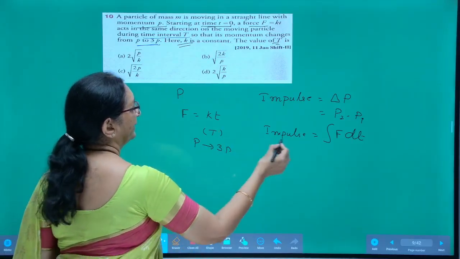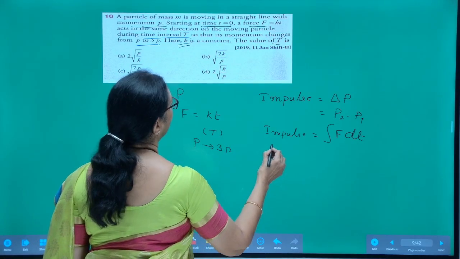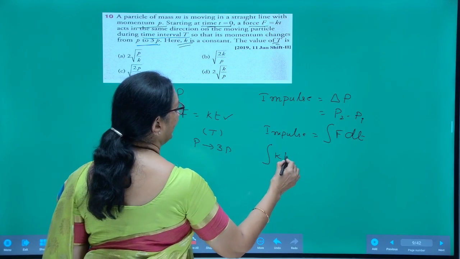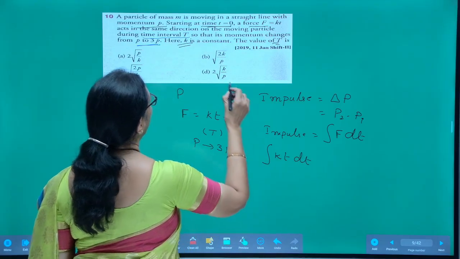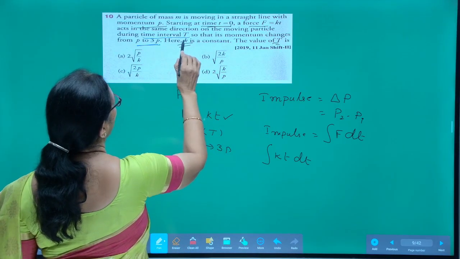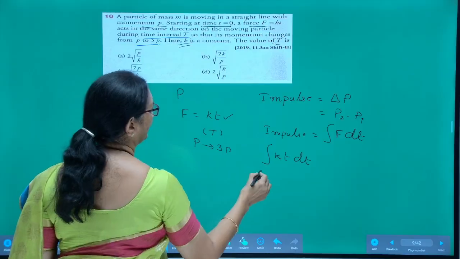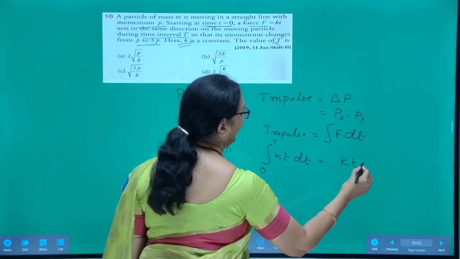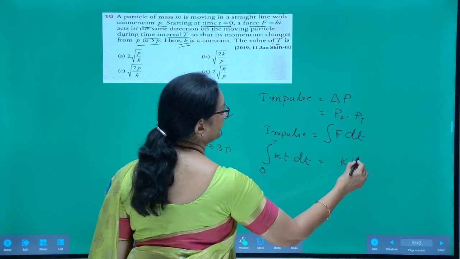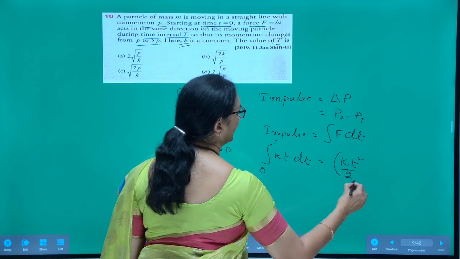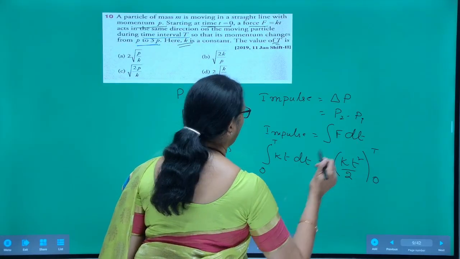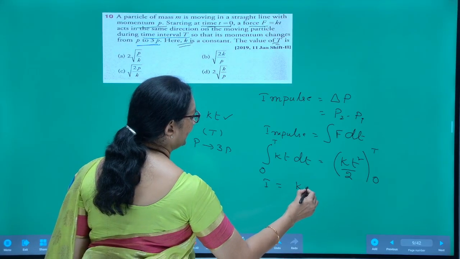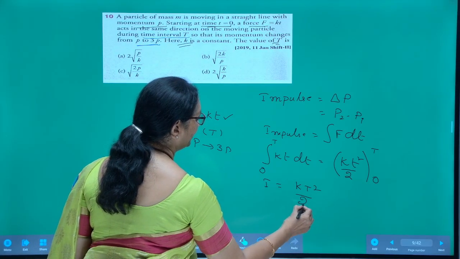So, here F is given as kt, so integral of kt dt. It is acting during the time t is equal to 0 to t, so it is k times integral of t, which is t square by 2, from 0 to t. So, impulse is equal to k t square by 2.